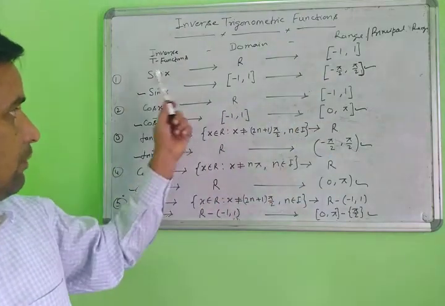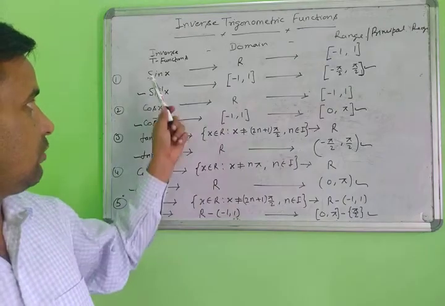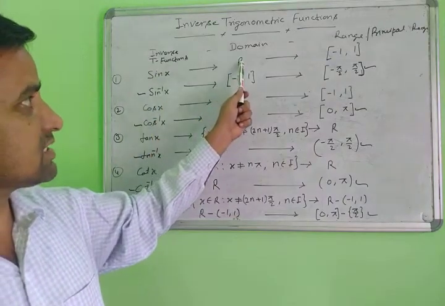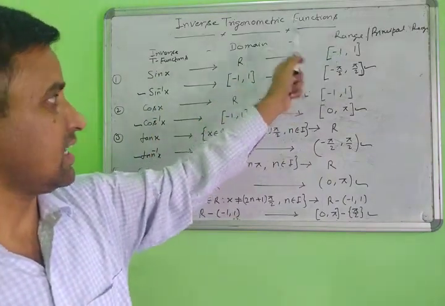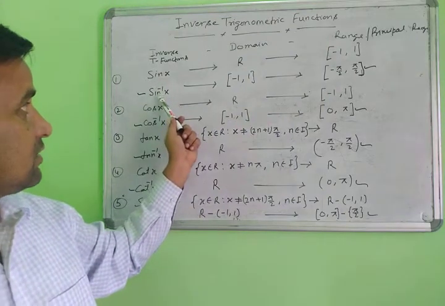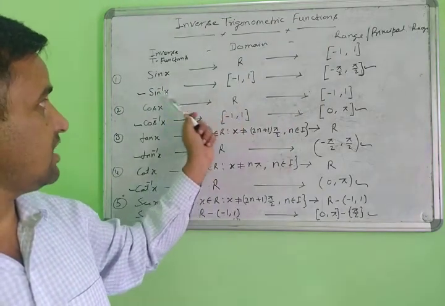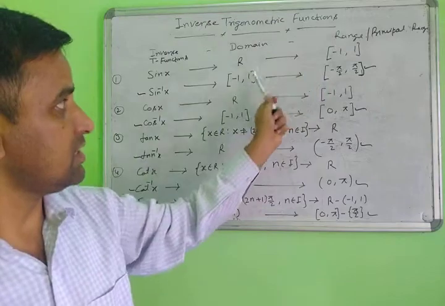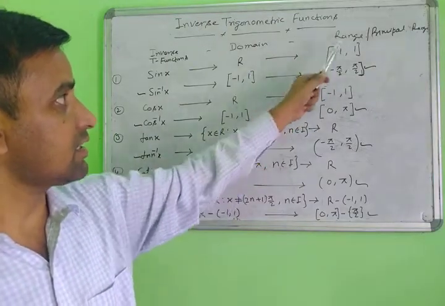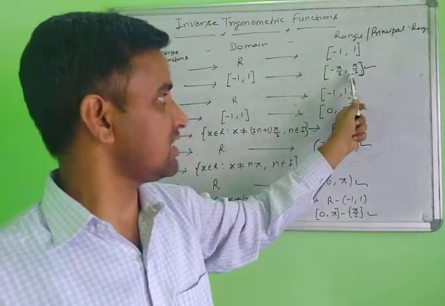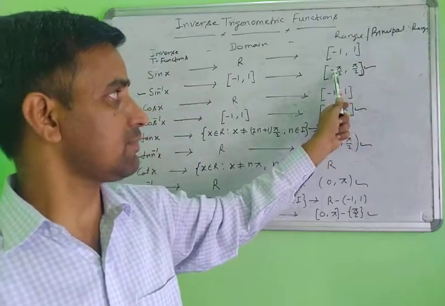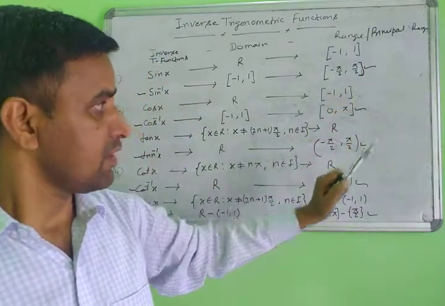In this table, make it and learn it. What is the domain of sin x, and what is the range of sin x? The domain of sin x and sin inverse x, and the range, are the same, but the principal value range of sin inverse x is different: -π/2 to +π/2.